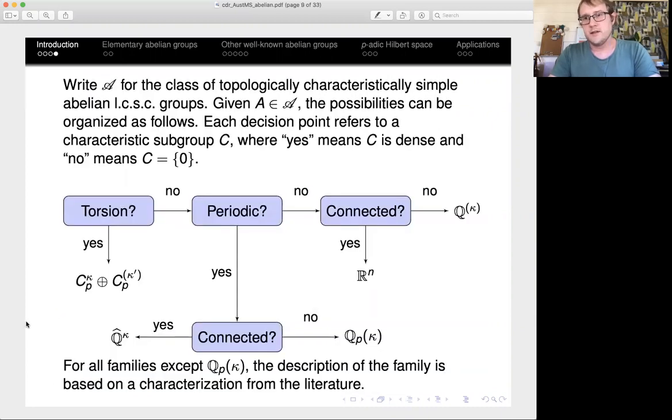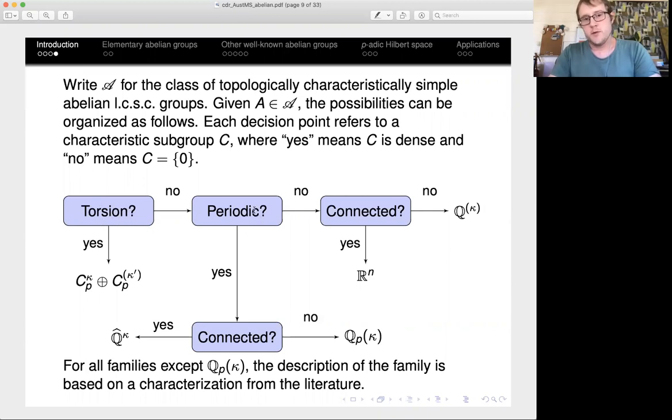This slide summarizes how the proof works. Basically, we know that any characteristic subgroup is trivial or dense. So we ask, is it trivial or is it dense? If we pick the right characteristic subgroups, we get a kind of decision tree, which ends up giving the classification. Is it torsion or torsion free?